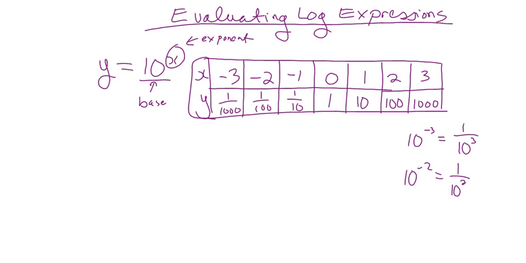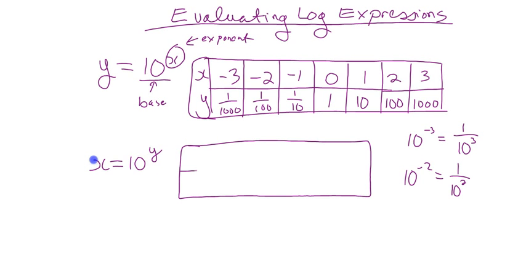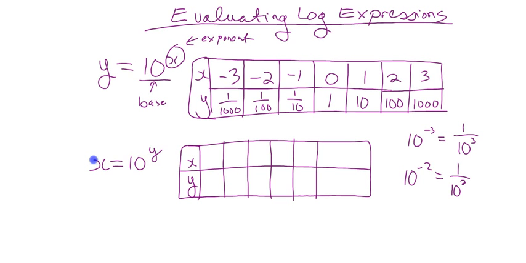Now, let's graph the inverse function. We find the inverse function by writing it in this form, x equals 10 to the y. So to do the inverse function, we interchange x and y. To make this easier, I'm going to put in values of y.